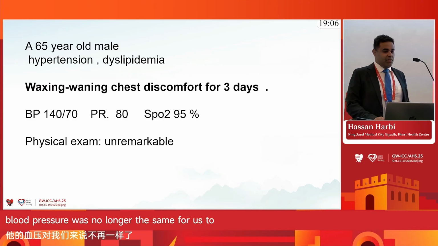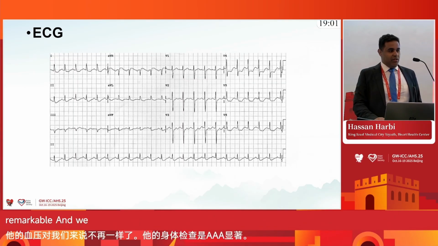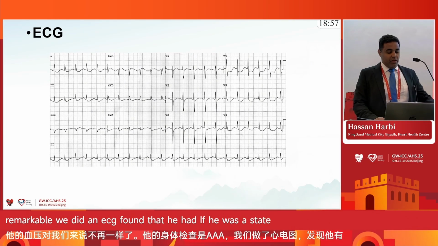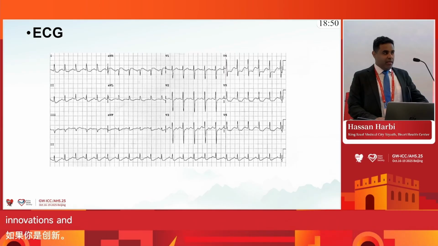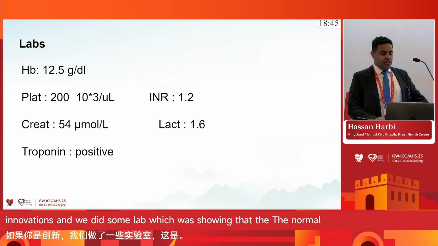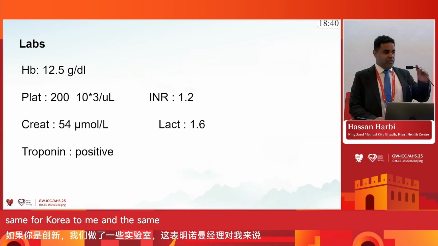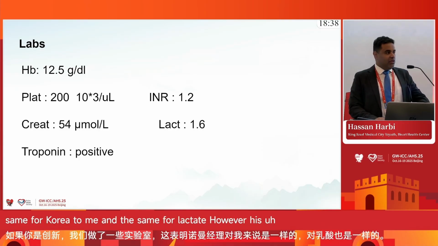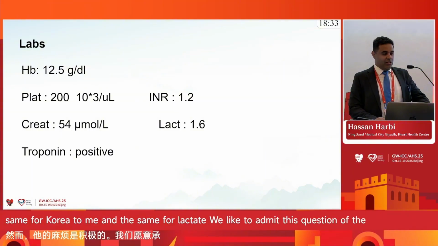His physical exam was unremarkable, and we did an ECG and found that he had diffuse ST depressions with aVR elevations, and we did some labs which showed normal hemoglobin, the same for creatinine and lactate. However, his troponin was positive. So we elected to admit this patient as a case of non-ST elevation MI.